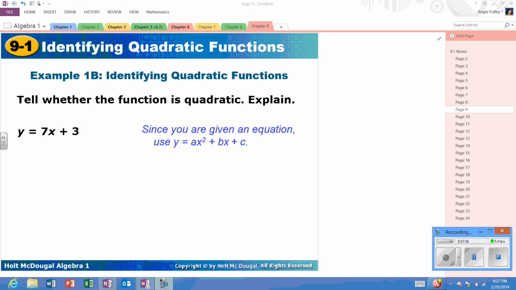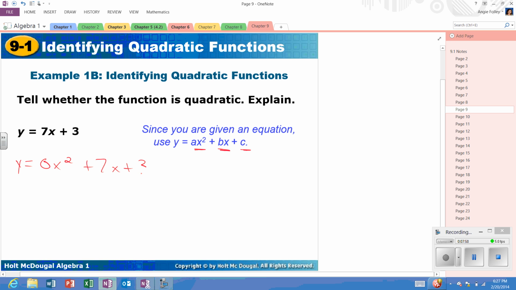Okay. Now we're going to identify if this is a quadratic function. In order to do that, we want to see if it is in the form ax squared plus bx plus c. Well, if you notice, if I wrote this with my x squared, my a value is 0. There is no a value.